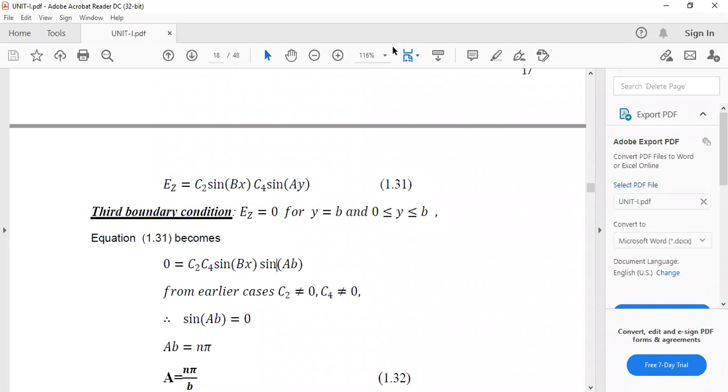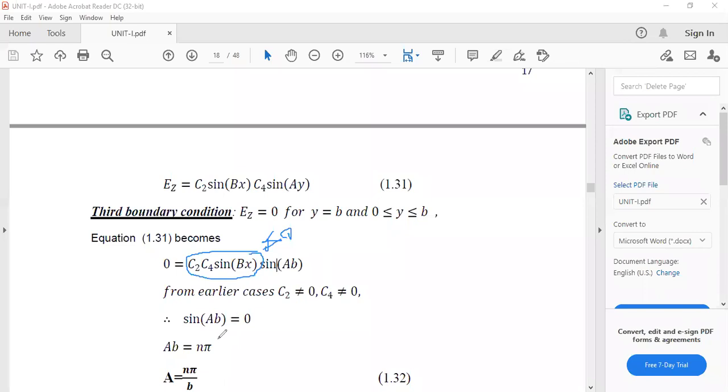So these all are non-zero values, but the product is 0. So when the product is 0, sin Ab must be equal to 0. When sin is 0, in general you can write Ab is equal to n pi, where n is equal to 1, 2, 3 and so on.